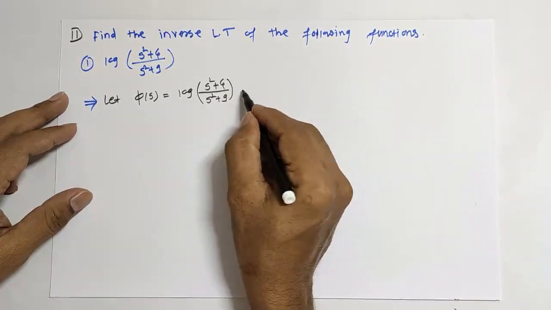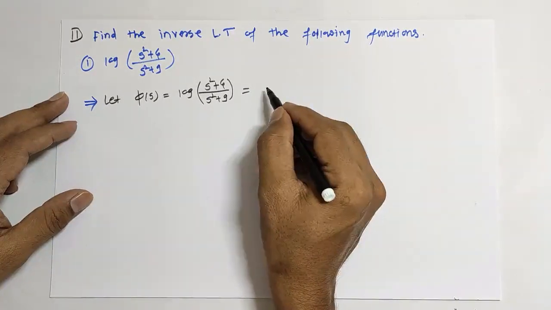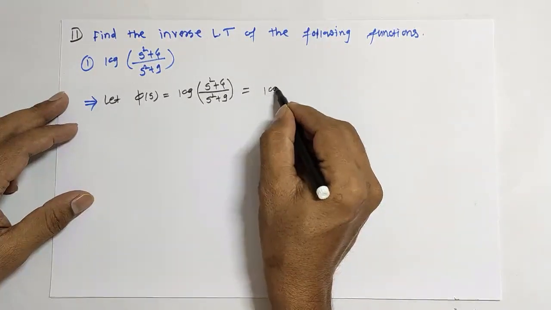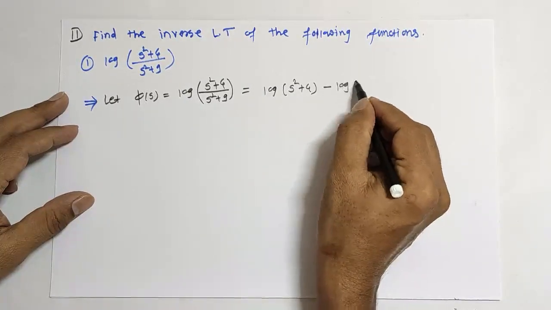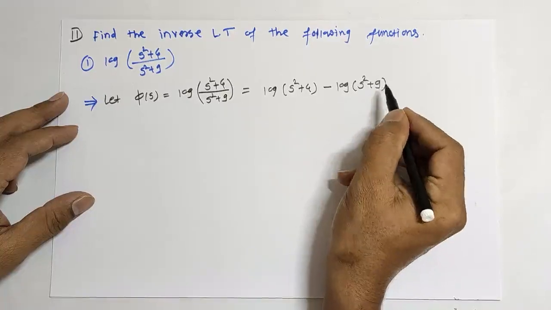Now if log is there, as we have discussed, use the property of logarithm. Log of s square plus 4 minus log of s square plus 9.